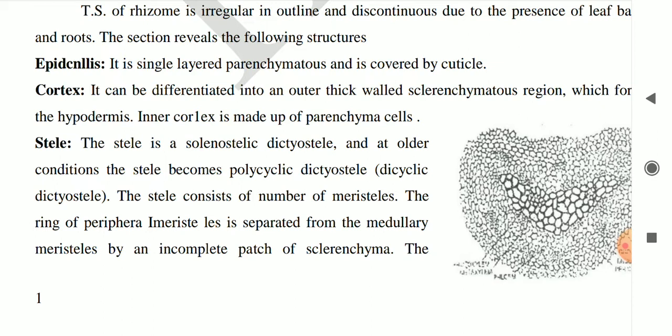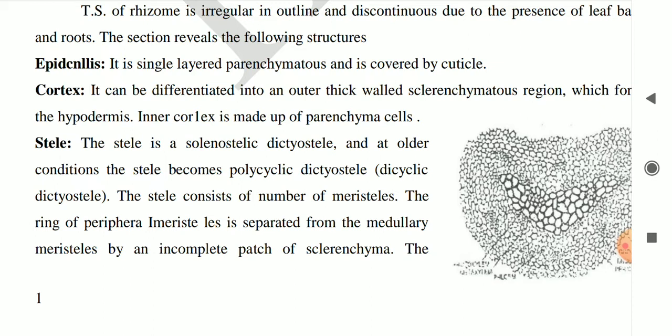It is differentiated into a thick sclerenchymatous region, the hypodermis, and the inner cortex made up of parenchymatous region. The outer cortex is made up of sclerenchymatous cells, and the inner cortex is made up of parenchymatous cells.